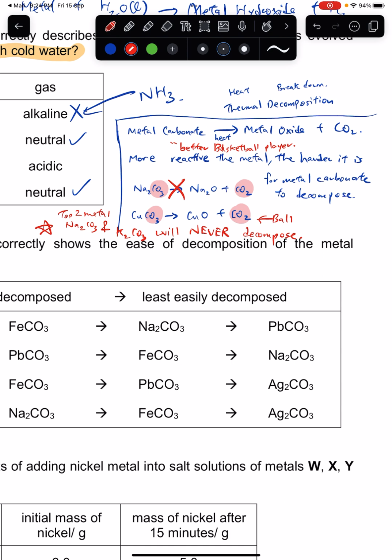Analogy-wise, the top two metal carbonates are like LeBron James, who else? Michael Jordan. Like, wow, not even just a good player. It's impossible for them to lose the ball. It's impossible for them to break down at all. Even with 30 players surrounding him, cannot. That's the idea.